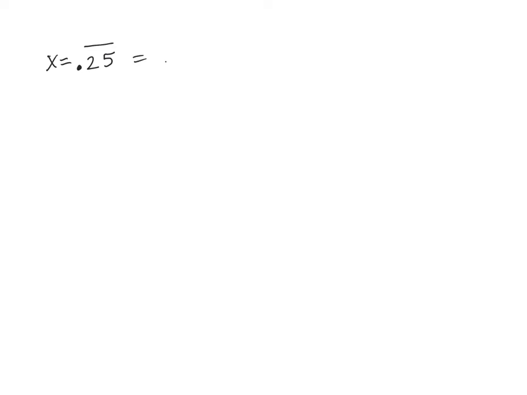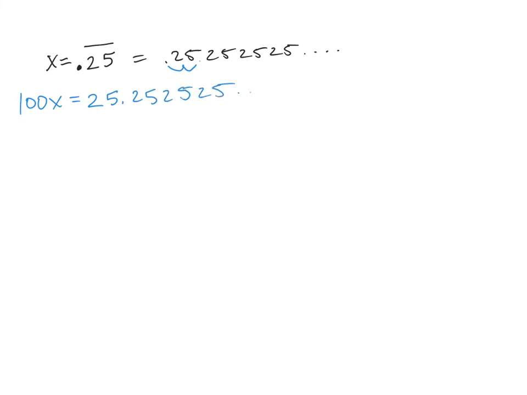This is actually equal to 0.25, 25, 25, 25, forever and ever and ever. So the repeating is in the hundredths place. So I am going to multiply times 100x. And if I multiply by 100, I move it over here, and I end up with 25.252525 forever and ever and ever.